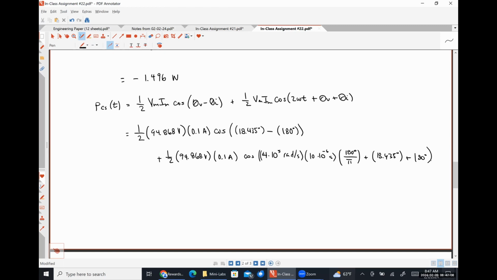Close parentheses. And once again, I'm going to break this up into two smaller parts so that my calculator doesn't have a panic attack.